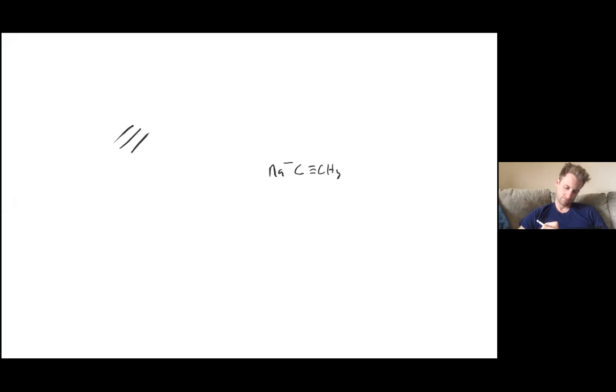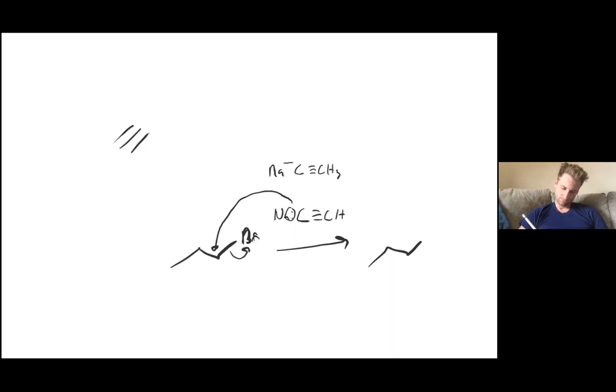Or yeah, I guess you get a reaction that's like this here. You're essentially doing these a little bit out of order. You're going to do the same thing you were doing before. So this will come in, do an attack, and give you this here.